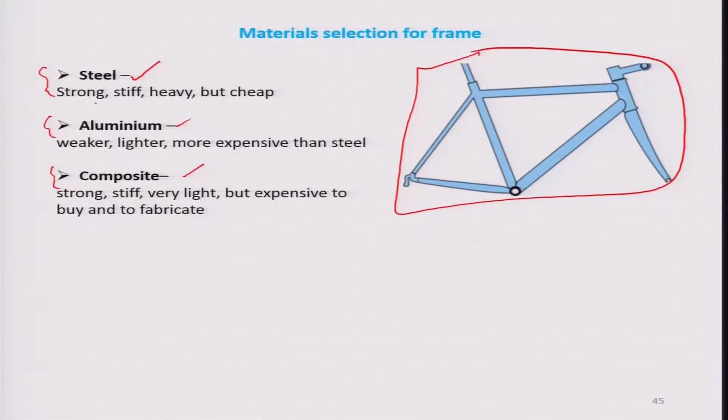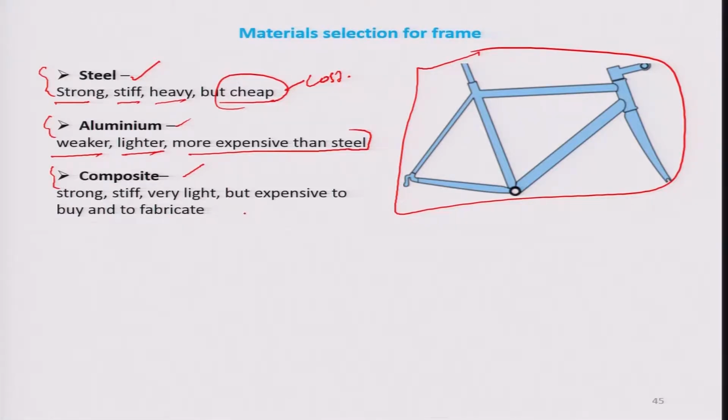If you make a frame using steel, the properties are strong, stiff, heavy but cheaper. Aluminum is weaker, lighter, more expensive than steel. Composite is strong, stiff, very light but expensive to buy and to fabricate.